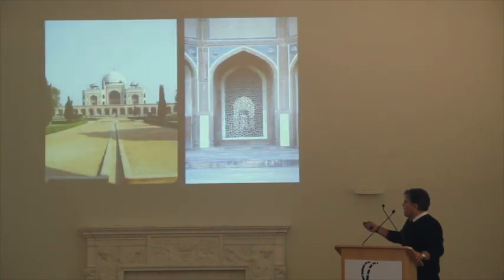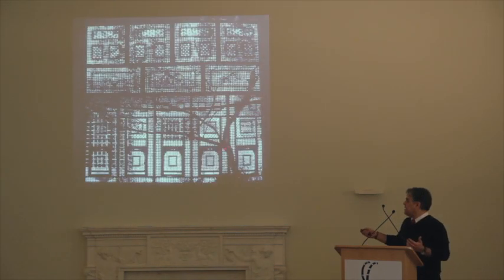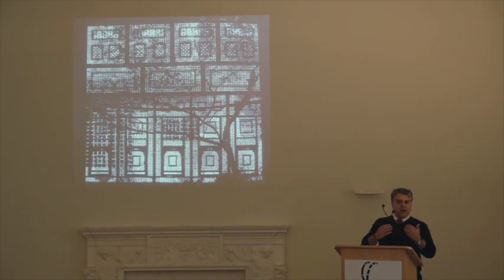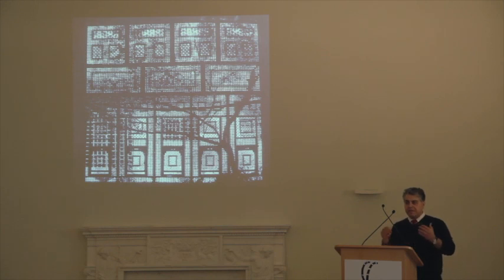But also, it's very interesting that the garden is not just about outside, but also about an image that it provides for the people who are within the building, whether that building is a palace, a pavilion, a kiosk, or in this case a tomb.